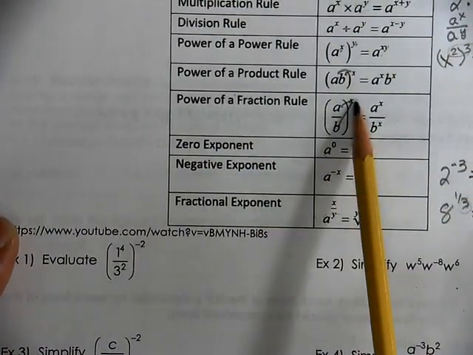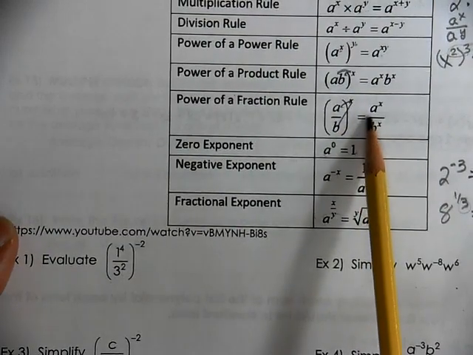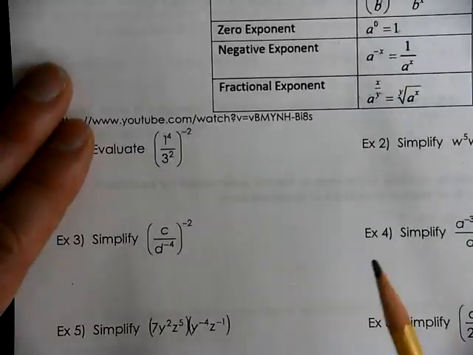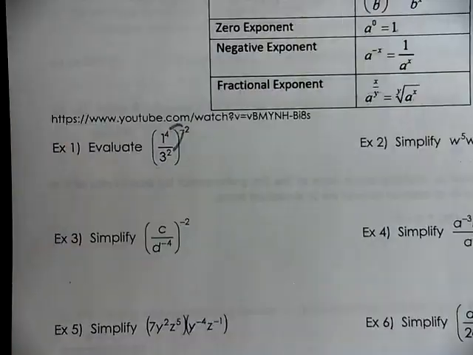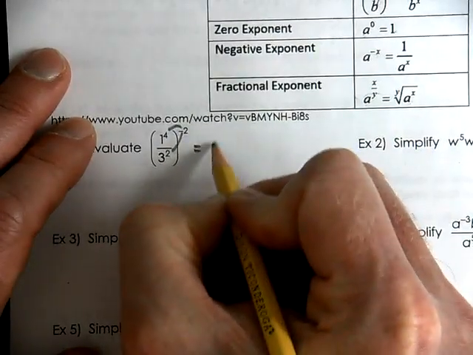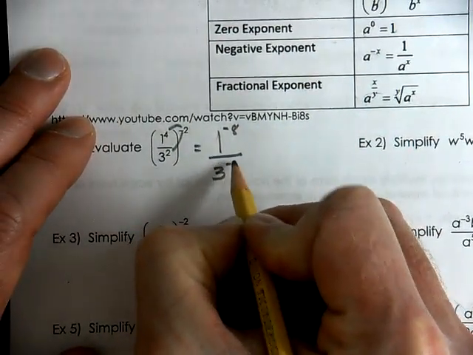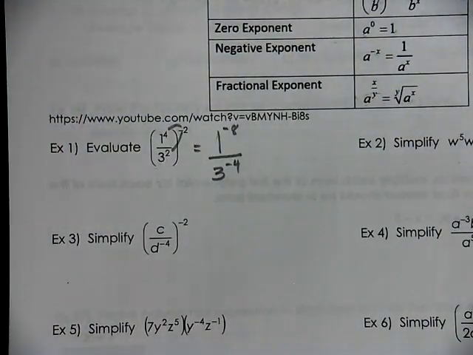What do we do? We distribute that value in. We're going to make it a to that power, make it b to that power. So in this case, we're going to distribute that exponent in. When we distribute it in, we multiply with the exponent that's already there.